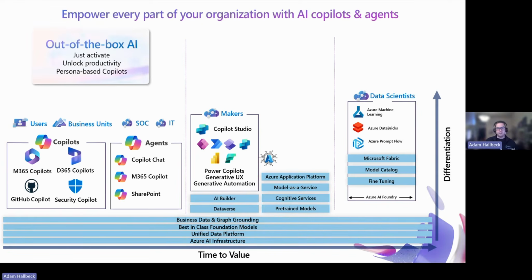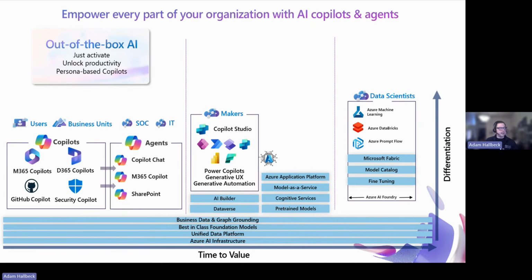We start with the more out of the box. That's a bit of a misnomer. There's obviously configuration, there are security and governance implications, there are things to be mindful of, but these are the copilots that are built into M365. These are the sidecar helpers that you find in VS Code, GitHub Copilot, Security Copilot.